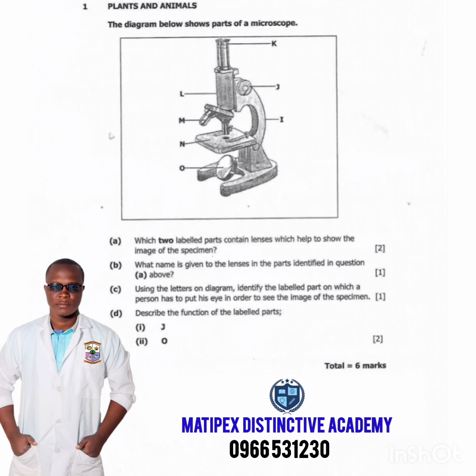Question B. What name is given to the lenses in the part identified in question A above? So in K, the lens which we have in K is magnifying lens.